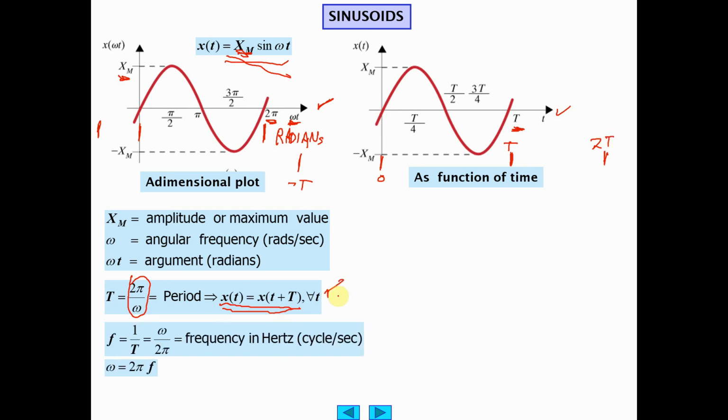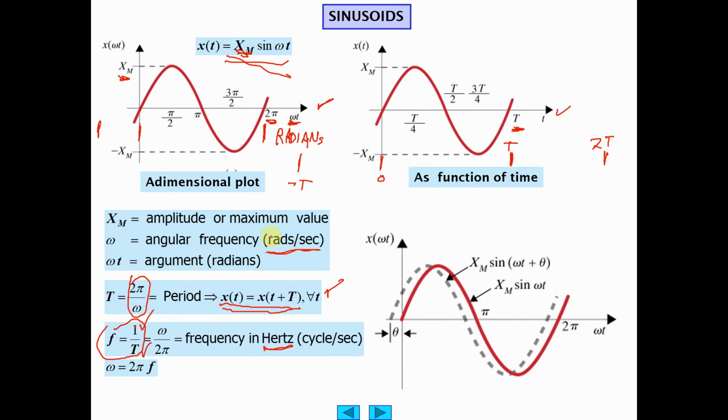Okay, let's see, more formulas. We think of frequency, how many cycles per second, one cycle in this many seconds. So we can get the frequency in hertz. Hertz is a unit for frequency, by the way. Radians per second, that's angular frequency. This is the phase angle.